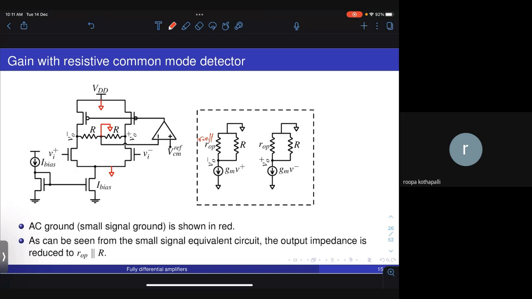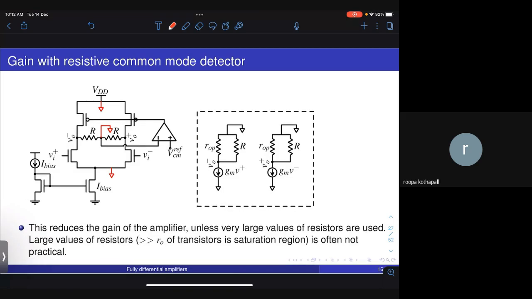So basically what this will do is reduce the output impedance from ROP parallel to R1 to ROP parallel to R1 parallel to the R that you put for detecting the common mode. So the gain will become almost equal to GM into R, assuming that R1 and ROP are much larger than R, which is generally the case.